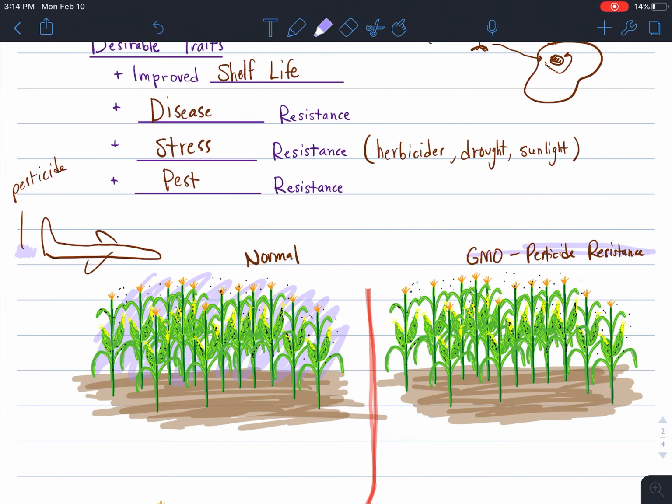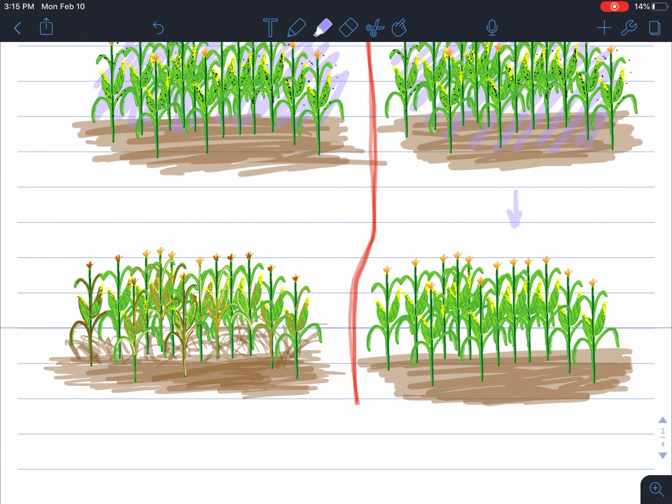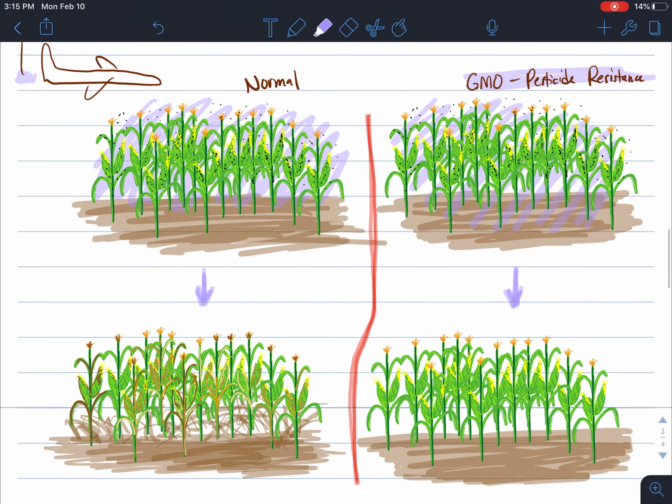My GMO pesticide resistance crop, though, I can spray as much pesticide on it as I want, and in the end, it's not going to kill the plant. It's only going to kill those pests. My first group, though, you can see that the quality of my crop is much worse because some of my crop died as a result of adding those chemicals.